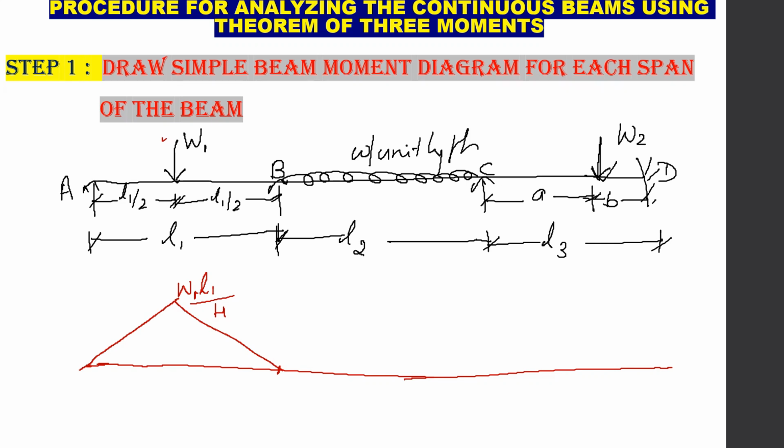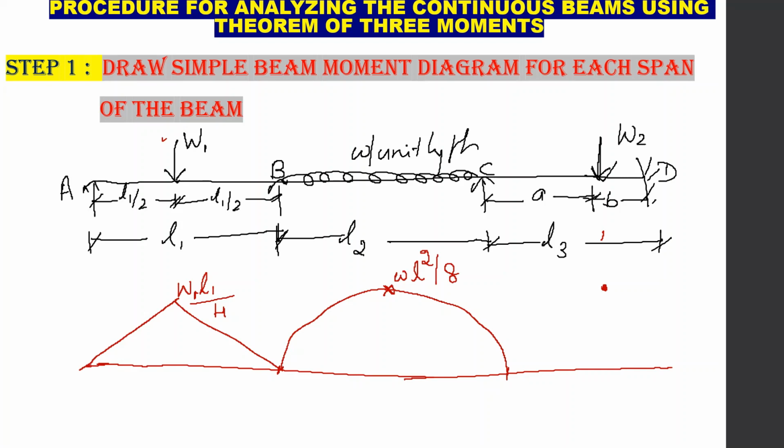Okay, because it is a simply supported beam and a concentrated load is acting at the center, that is why it is WL by 4. Now, for the span BC, it is a uniformly distributed load, so our simple bending moment diagram will be like this, and we know the maximum value of bending moment is equal to WL square by 8. And for the third span, the concentrated load is not acting at the center, therefore we will get the maximum value for bending moment at the point where the concentrated load is acting.